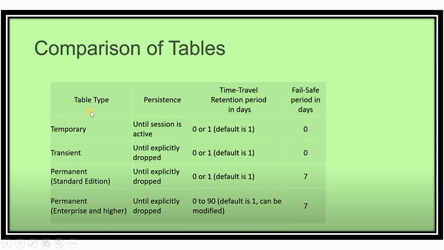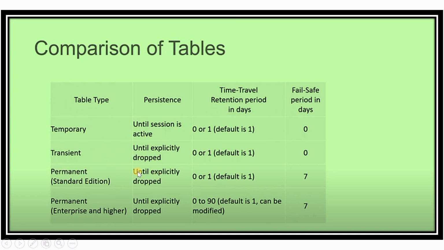So this is basically the difference between temporary, transient and permanent tables. The temporary table will just remain in the session until the session is active, and it will automatically drop when you log out or close that session. The transient table and the permanent table, for the standard edition or the enterprise edition, will remain in the database until we use the drop command to drop them.